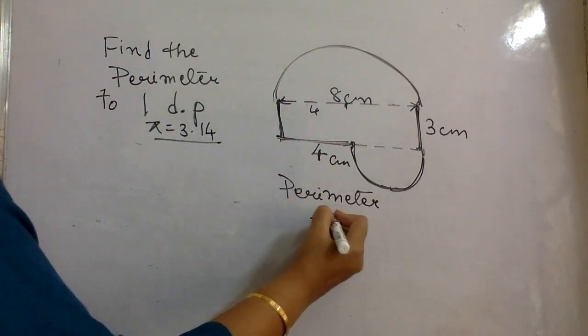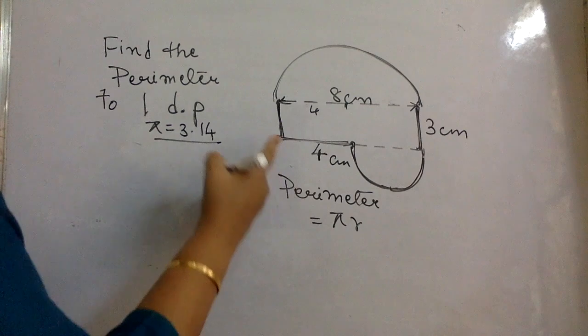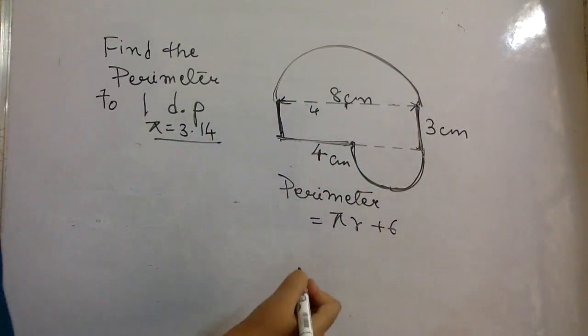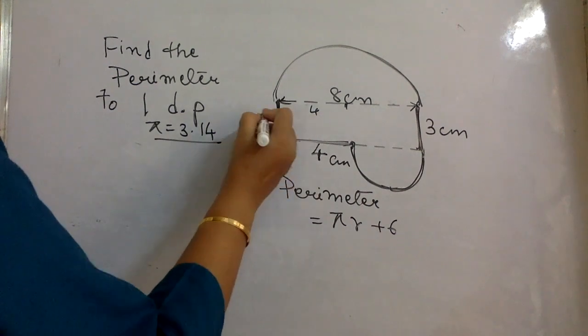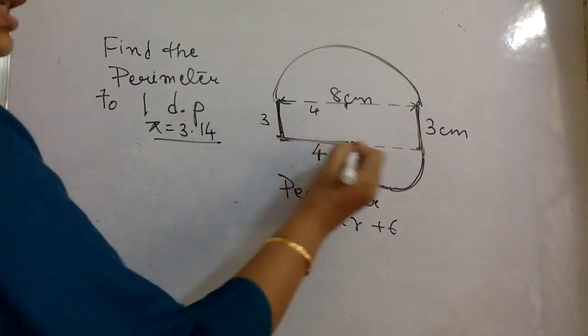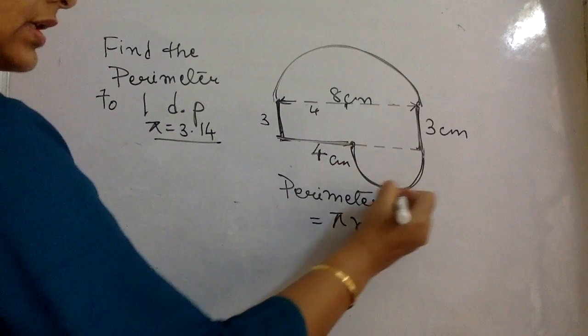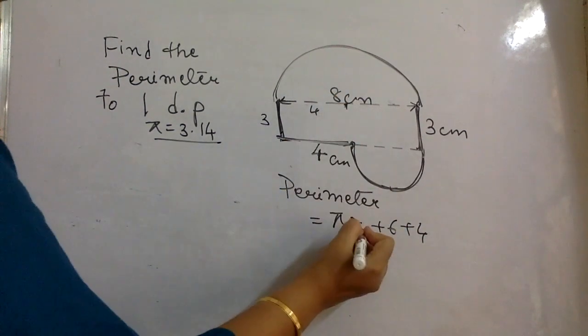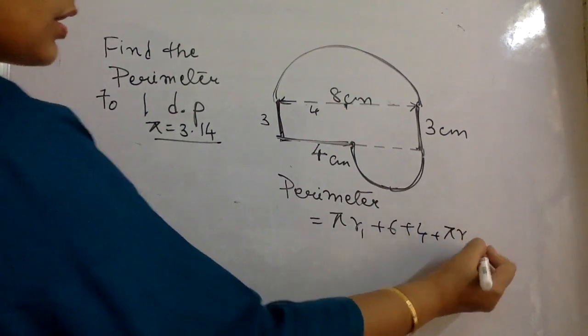From 2 pi r I take the pi r. Last sum also I took. This one plus this one, yeah, I can write a 6, okay, because this is a rectangle, so opposite sides are equal. This much is a 4, and then comes another pi r. Okay, so I can name this as pi r1 and this one as pi r2.